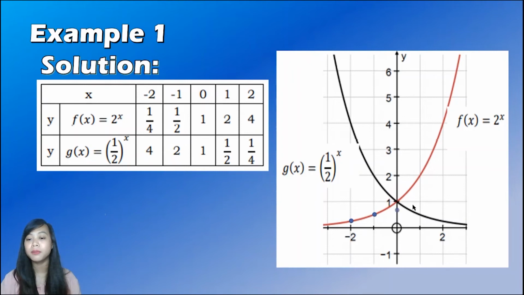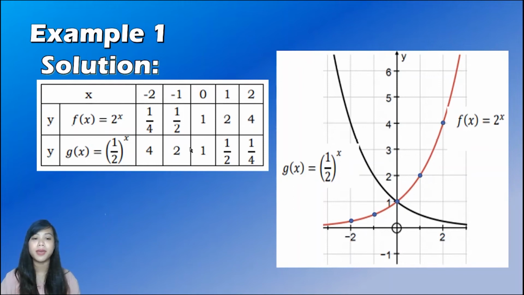So we have this dot. Then 1 as your x, then 2 as your y or f of x. So that is here. Next, we have 2 for your x and 4 for your f of x. That is here. So this is the graph. This red smooth exponential graph is for your f of x.